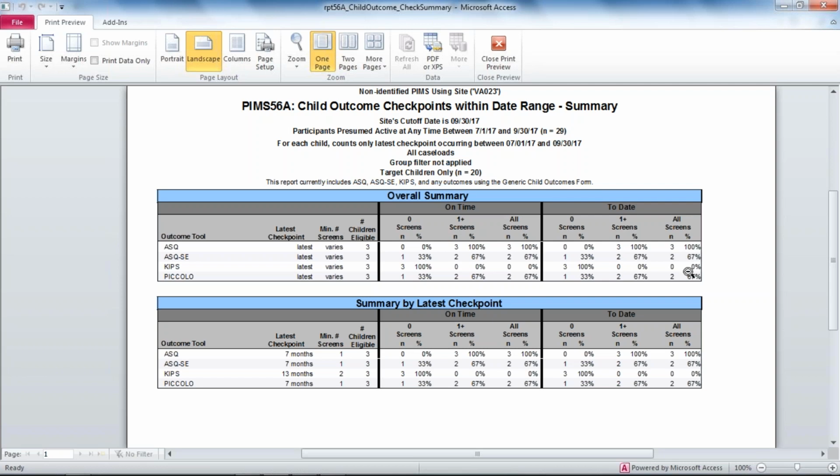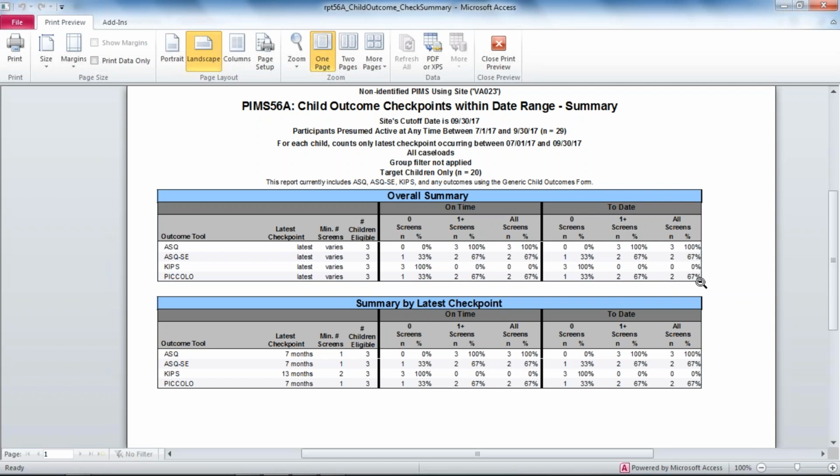Okay, now I say that the main thing on this report that you're using it for is this ASQ summary piece, and that's important. Why do we include the KIPS and the PICCOLO? Because you want to know what percentage of the people are receiving the KIPS or PICCOLO or any other measure that would be used and would occur in here.